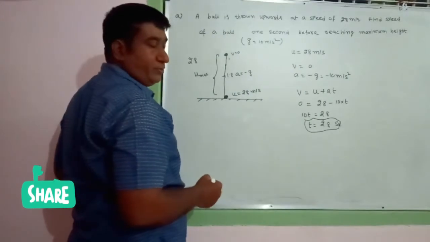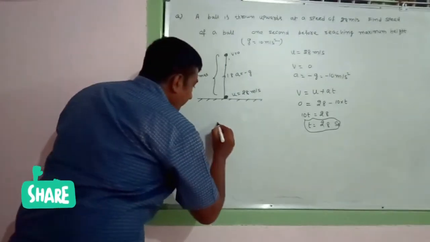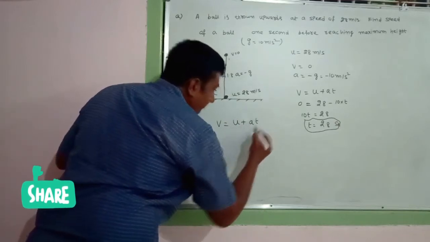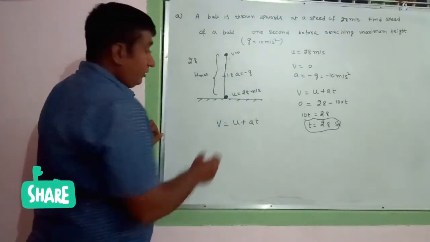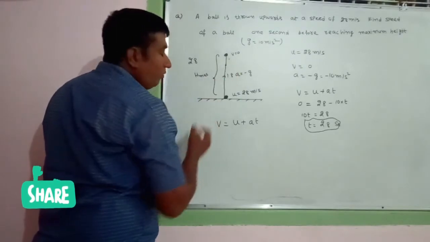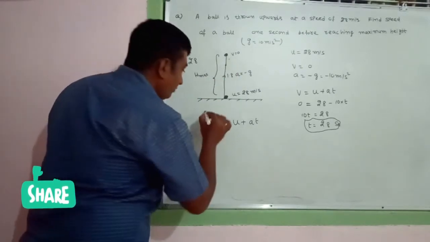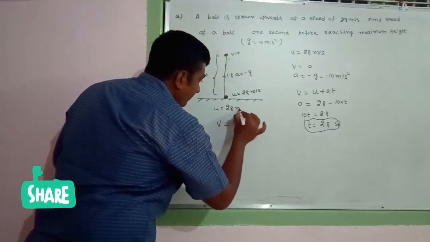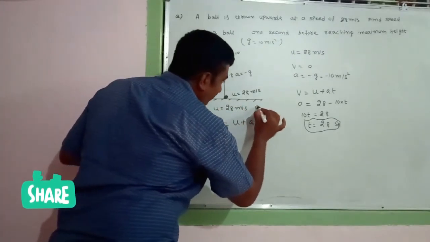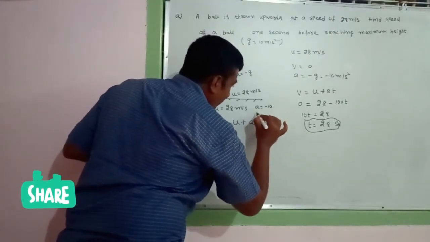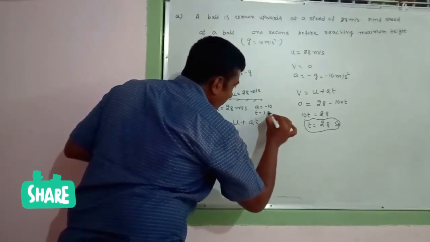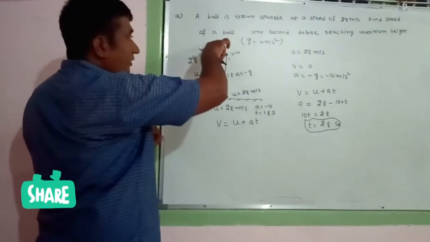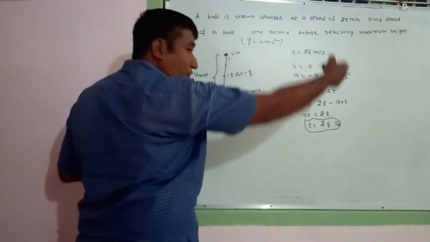So what's the remaining time here? 1.8 seconds. With the help of this, from kinematic equations, v equals u plus at. Here, what's the time period? Before 1 second means 1.8 seconds. So u equals 28 meters per second, a equals minus 10, and t equals 1.8 seconds, because they have given the speed of the ball 1 second before.